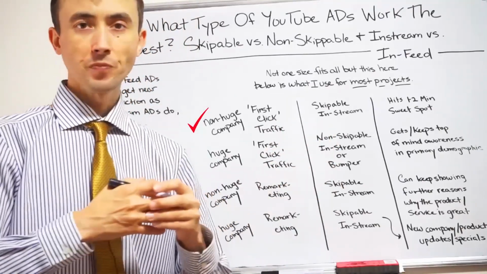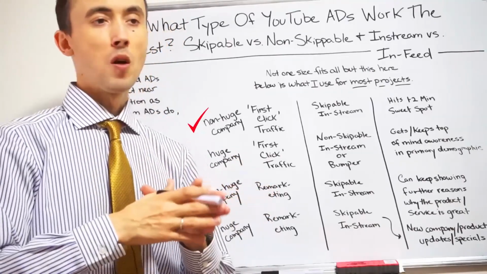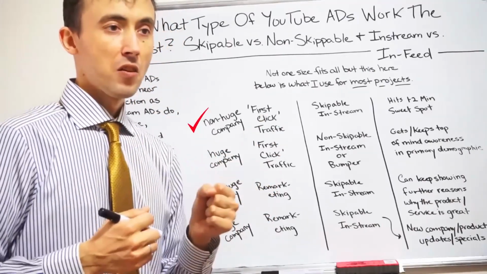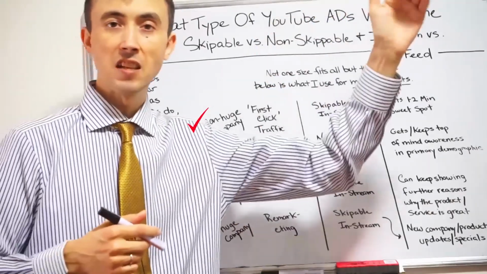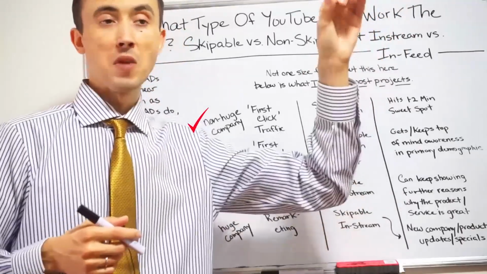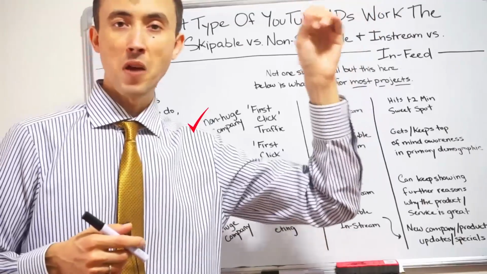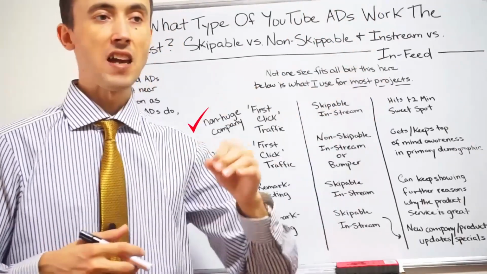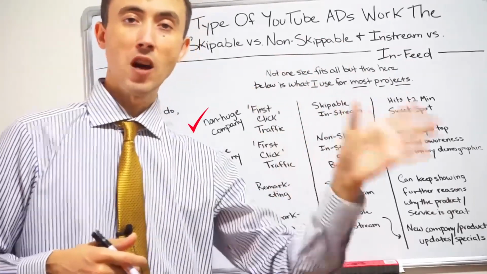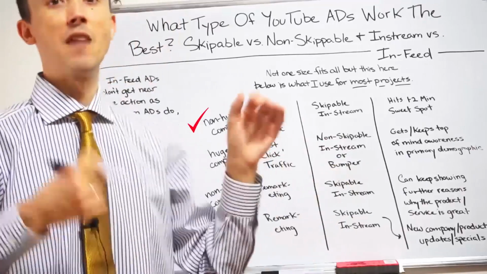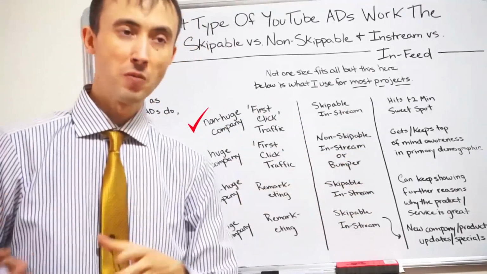So it doesn't matter if you're doing pay-per-view or pay-per-click, especially with pay-per-click, your cost per click or cost per lead, if you go with that kind of bidding, target CPA bidding, your actual cost that you're paying to get each click from your video to your site will go up a lot if you're not getting many people that actually watch your ad all the way through and are clicking skip more than the average person, because Google is trying to sell that ad space to the person that's doing the most efficient job.